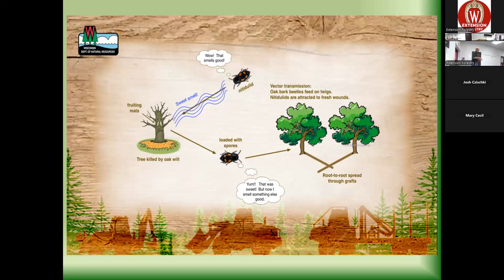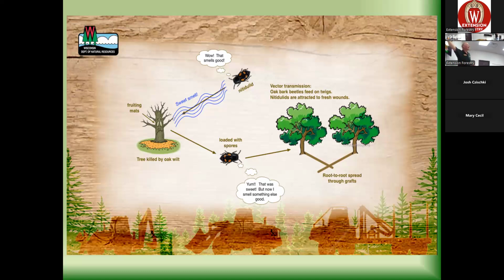It's very aromatic. And so these little, I like to just call them picnic beetles instead of nitidulid beetles, get attracted to that spore pad. They feed on that, and now they're all full of fungal spores. They fly away to another tree, and normally they're going to fly to a tree that has some sort of injury to it, as they're cueing in on that sap that's flowing from an injured oak.